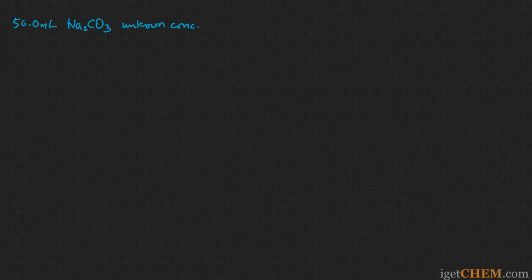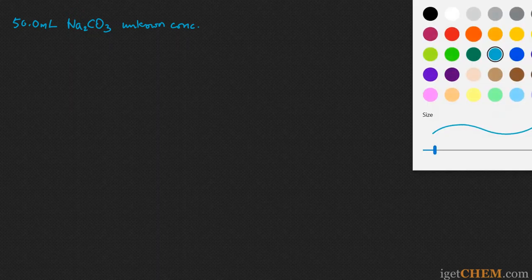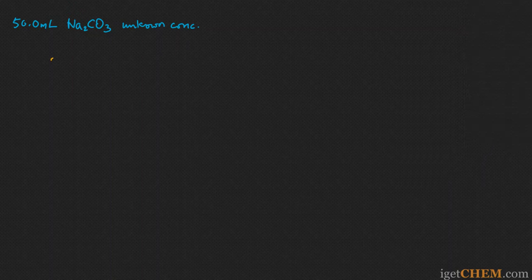So let me draw what you expect to see in a solution before we start the problem. Clearly sodium salts are all soluble, so the sodium carbonate will dissolve. So basically you will get Na+ and CO3 2- ions.